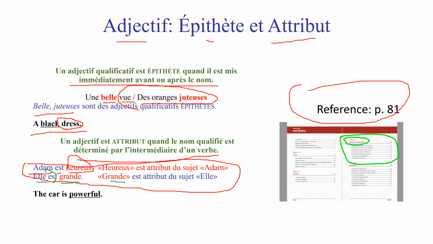Grande is an attribute of the subject elle. In the following example in English, if we were to say the car is powerful, here is your verb and here is your subject, and this one here is your adjective. Compared to a black dress, where black is placed before the noun, here it has to go through the verb.